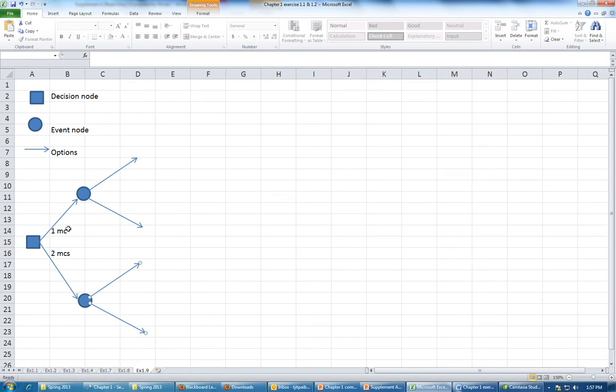One is high demand, 0.8. Another one is low demand, 0.2.